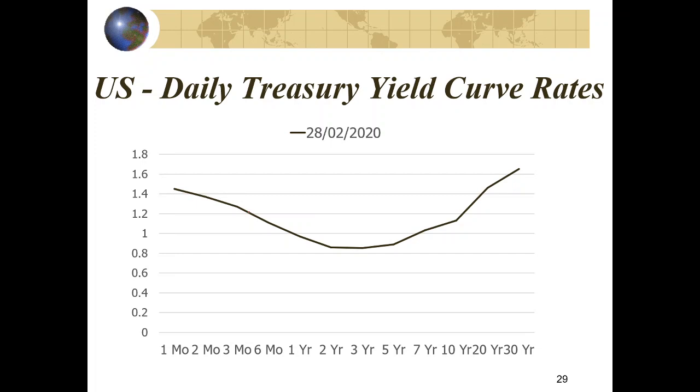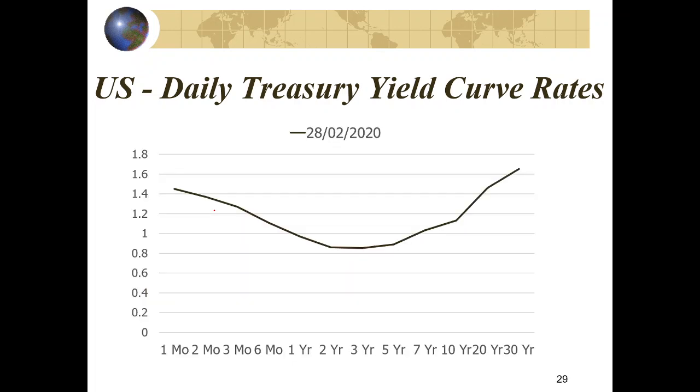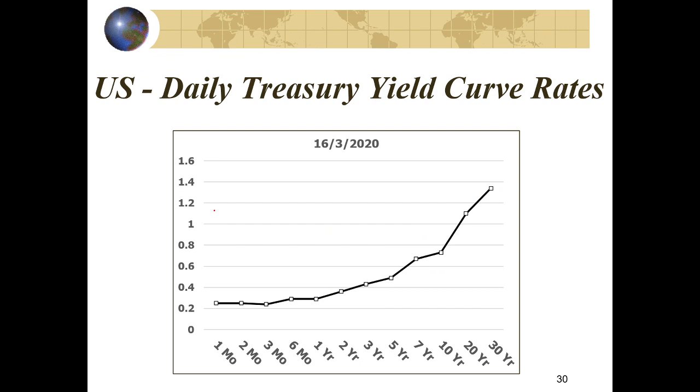Now, if the yield continued to decrease as the maturity increased, that would have been a strong signal that the U.S. economy would enter into a recession. About 2 weeks after, we found that the term structure returned back to its normal shape, which is upward sloping.